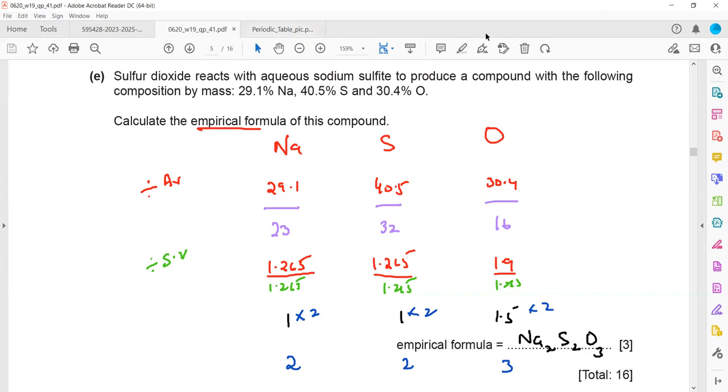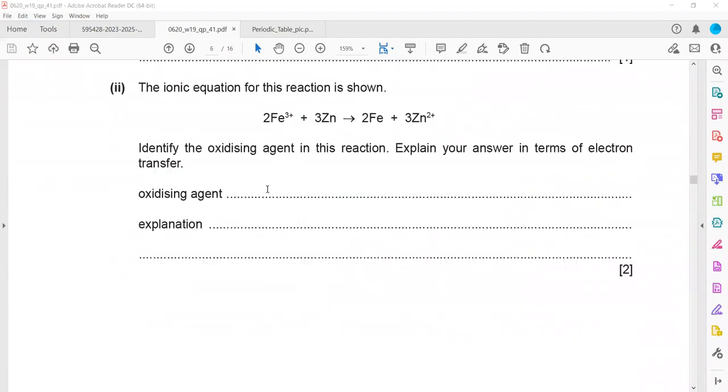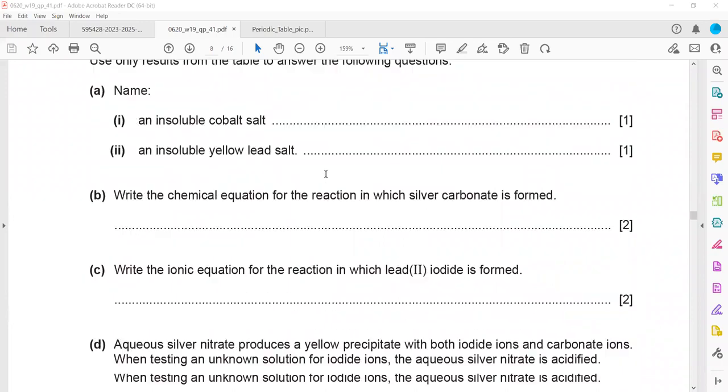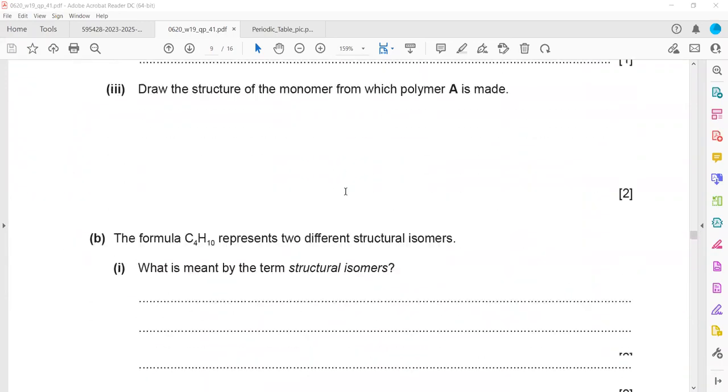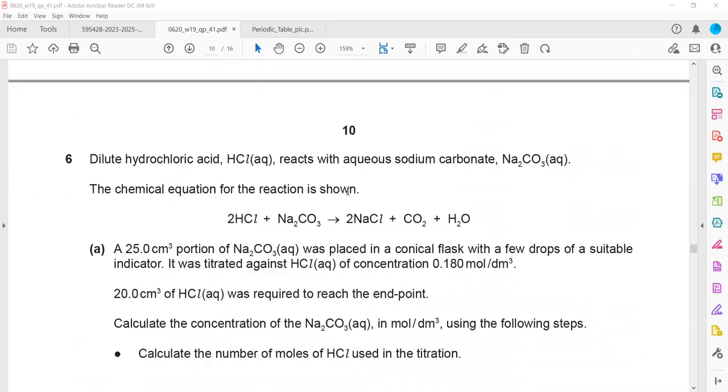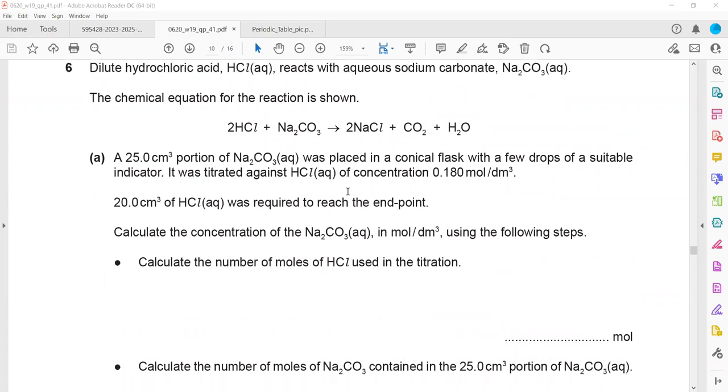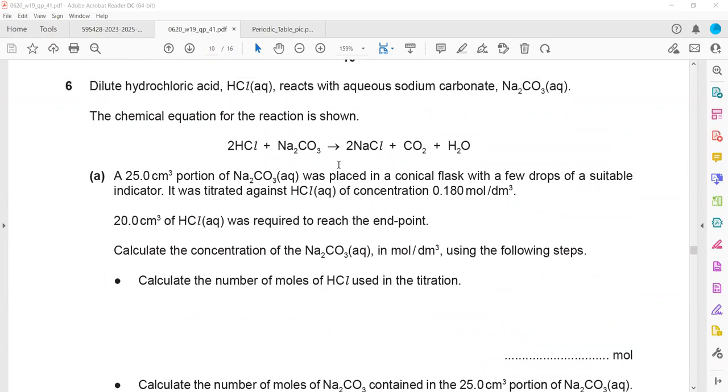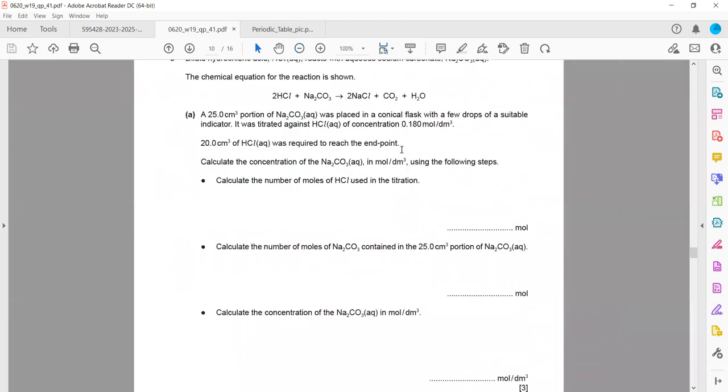Then another question. This was an empirical formula question from the October 2019 paper. Then this question is related to the moles concept.